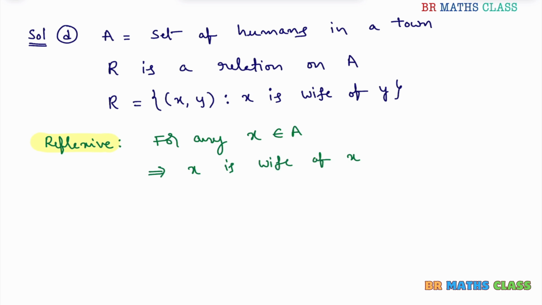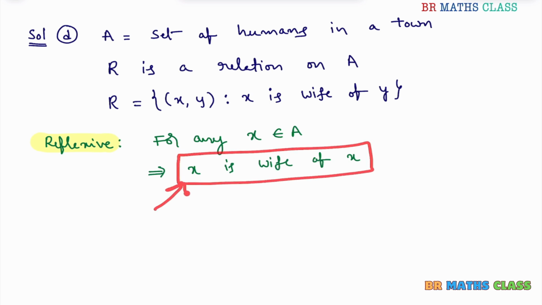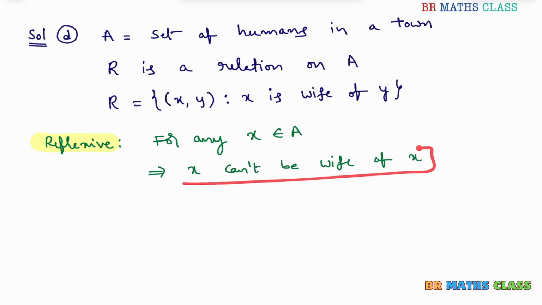You observe x is wife of x. How funny it is. Is it possible that x is a wife of x? Is it possible that a person is wife of oneself? No, it's not possible. X cannot be a wife of x.